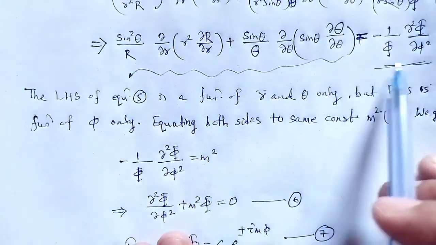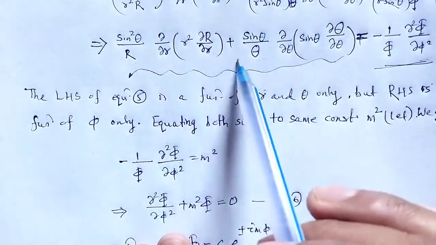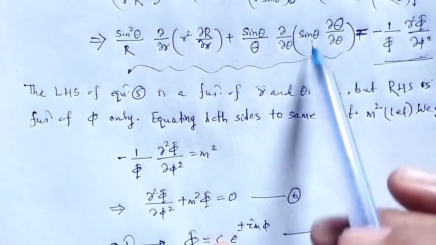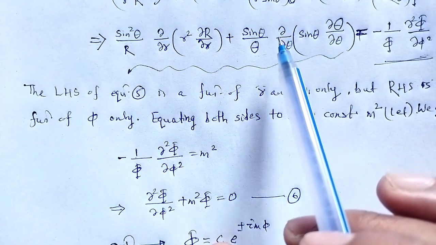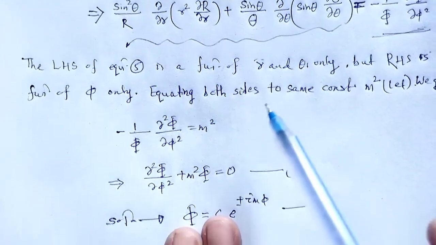Also, the left side is a function of r and theta only, and it can also be equated to the same constant m square.